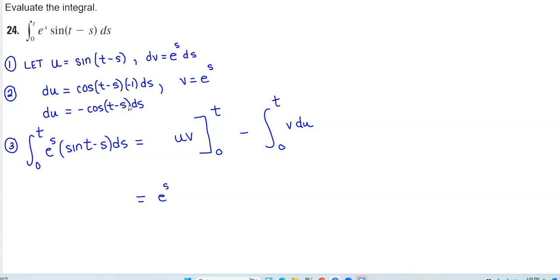So we have e to the s times the sine of t minus s going from 0 to t minus the integral going from 0 to t of v du. So that would be e to the s times du, which is negative cosine t minus s. So that's going to be a negative e to the s times the cosine of t minus s ds.